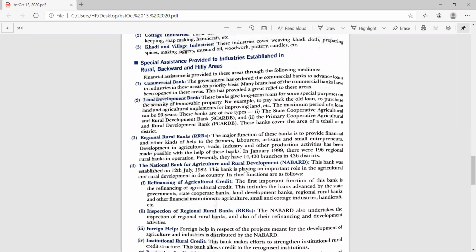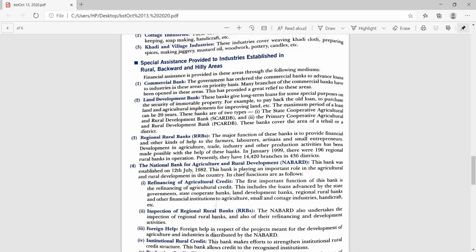regional rural banks, RRBs, National Bank for Agriculture and Rural Development, that is NABARD. One of the famous concepts that you studied in 10th standard as well. I just want to recall it. As you know, RBI, the Reserve Bank of India, is the apex bank of all the commercial banks.